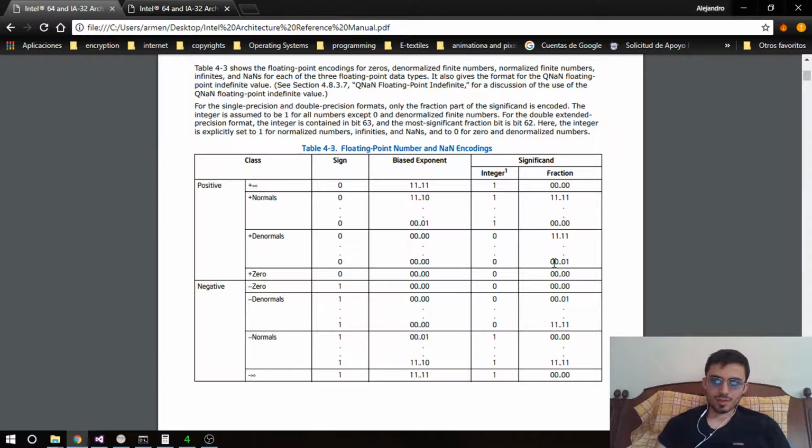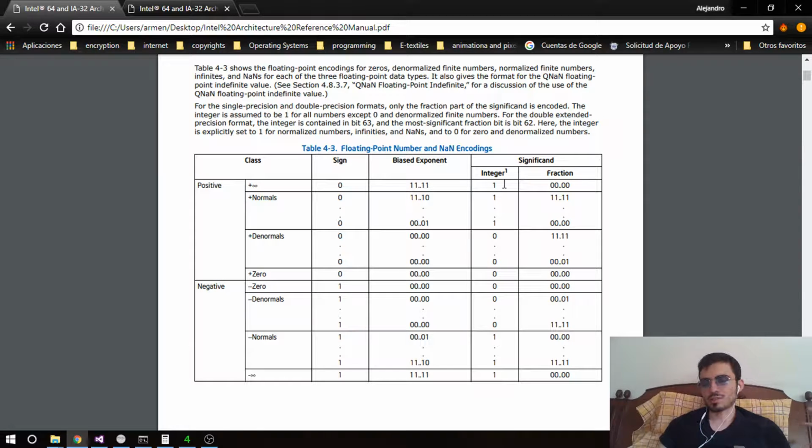So we have 0, and then we have 1, and then it goes to the fraction part. It can be all set, and for the fraction, oh, okay, interesting. So infinite positive numbers are going to have a fraction of 0, and all bits set on the biased exponent, and the integer is going to be implied for single and double precision.